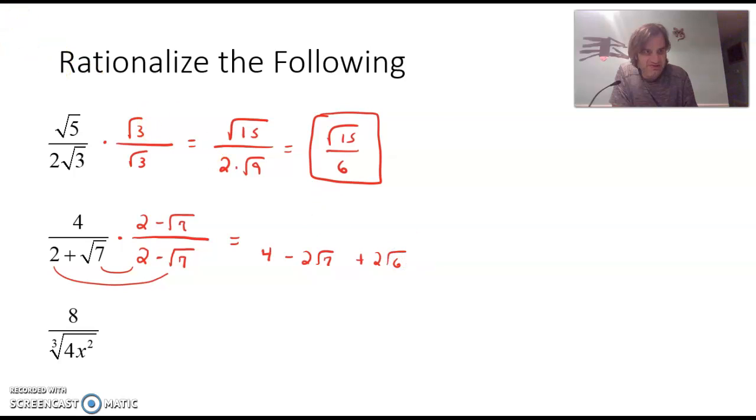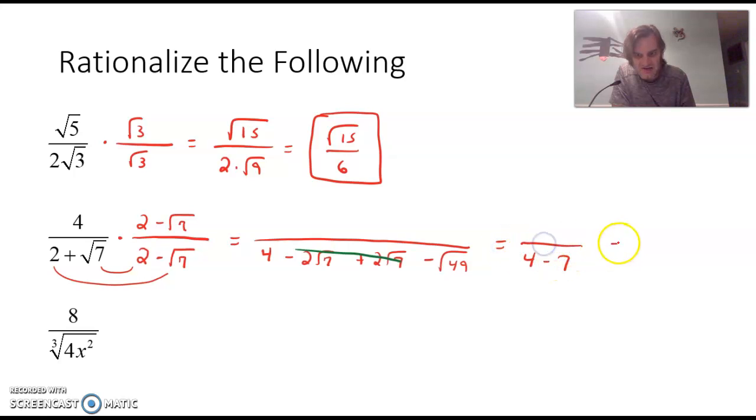Ooh, I don't know why I wrote 6. 2 square roots of 7. And then the last one will be minus square root of 49, which will be 7. So on the bottom, when I look at this, I have a negative 2 square roots of 7 and a positive 2 square roots of 7. They cancel out. I have a 4 minus 7. So on the bottom, right now I have a negative 3.